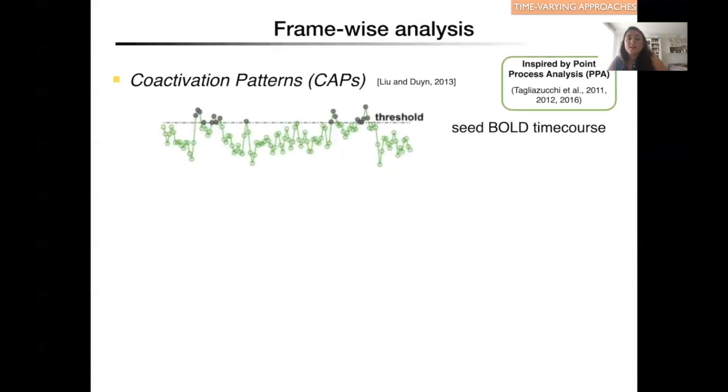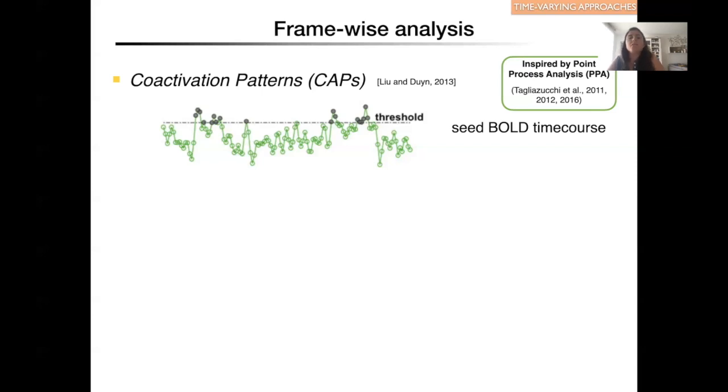So this is the idea behind co-activation patterns, which was introduced in 2013 and inspired by the point process analysis, PPA, that simply selects certain time points based on the activation of a seed. It hypothesizes having a region of interest, or a seed, selecting a seed in the brain, and investigating brain patterns or functional patterns when this seed is active.